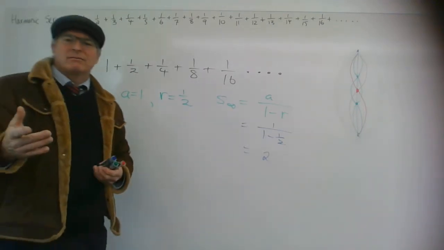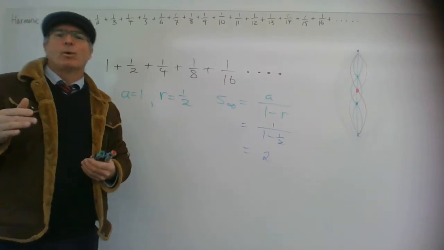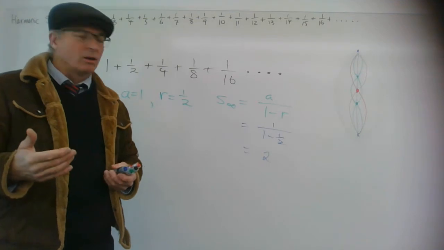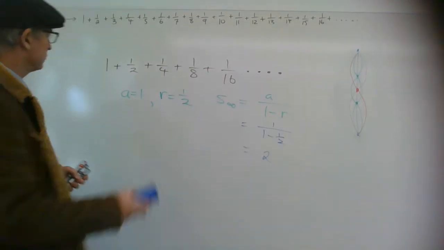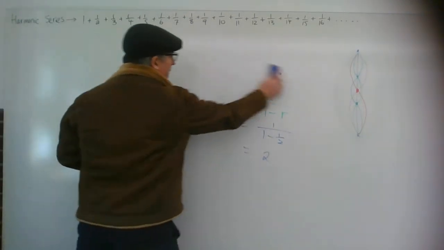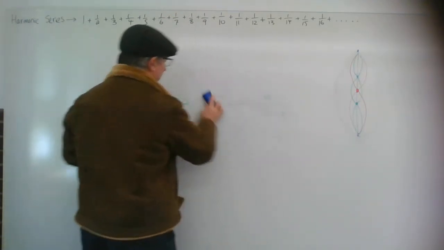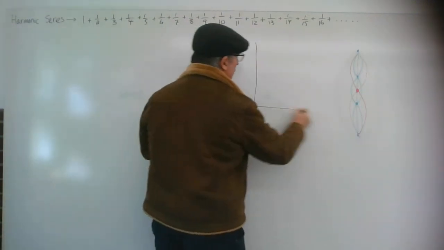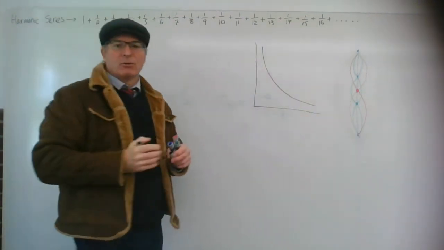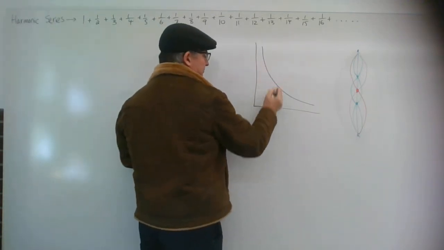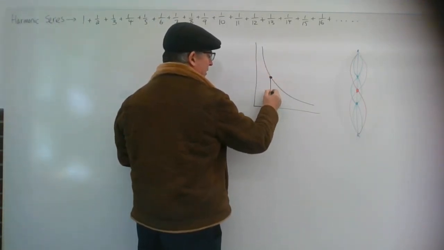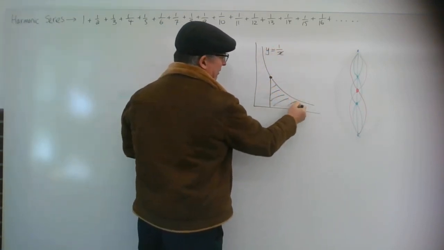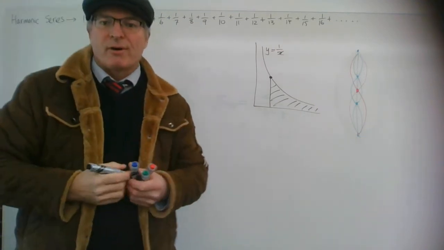And we've explored that when we did our work on inequalities. You could look at integrals. You could look at the integral of 1 on x. Maybe use an integral test, which I don't want to go into particularly now, but that integral there, if you go from here at 1, so this is y equals 1 on x, and you look at the area that's out that way, that goes forever.